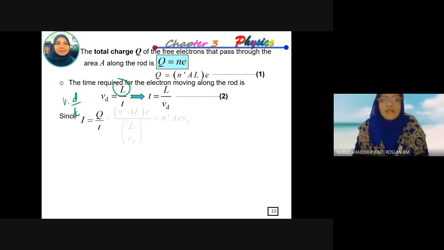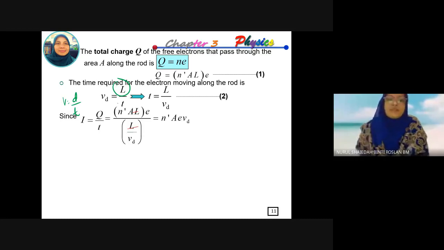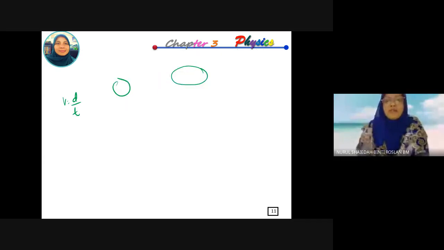So I equals Q over t. The Q we got earlier is Q equals nE, where n is the number of free electrons. So it becomes n prime AL, which is what you got earlier. Okay, so you substitute n prime AL.